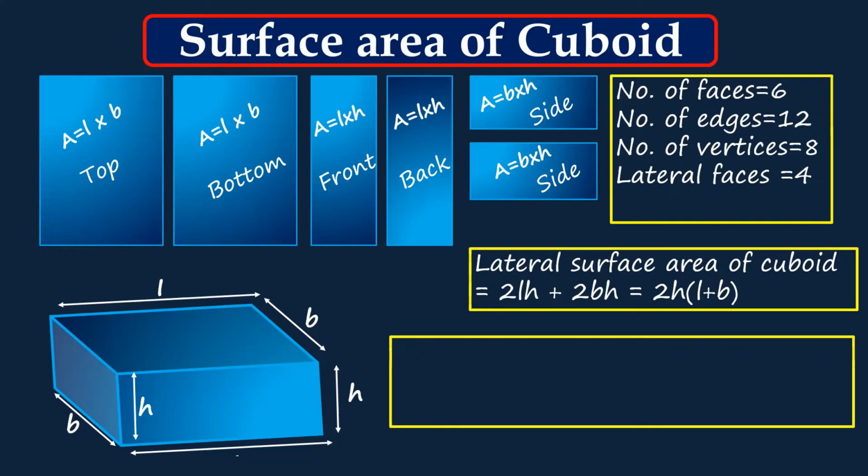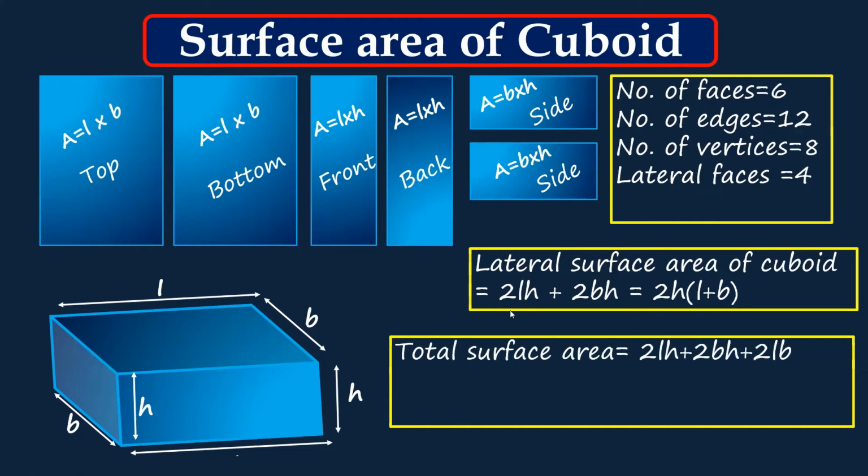Okay. Now, let us see how to calculate the total surface area of cuboid. To calculate the total surface area, we have to consider all 6 faces, right? So, we will take all these faces. This time we will add the area of top and bottom faces also with this lateral surface area of the cuboid.